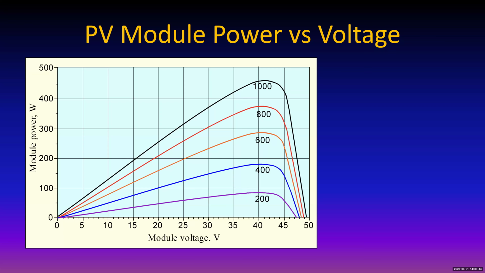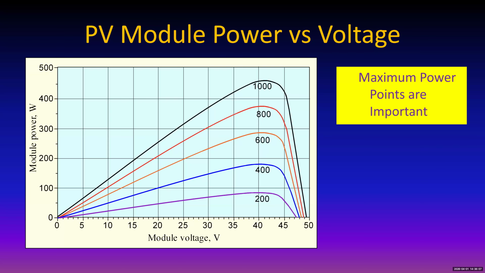So you can see that the power increases almost linearly with respect to the sunlight intensity. It's not quite linear. They tend to drop off a little bit at lower intensities, but for general analysis, it's good enough to assume it's pretty much a linear relationship.